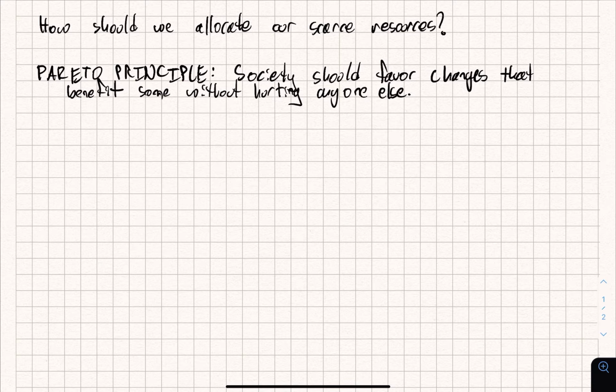Another useful definition here is what we call a Pareto improvement.